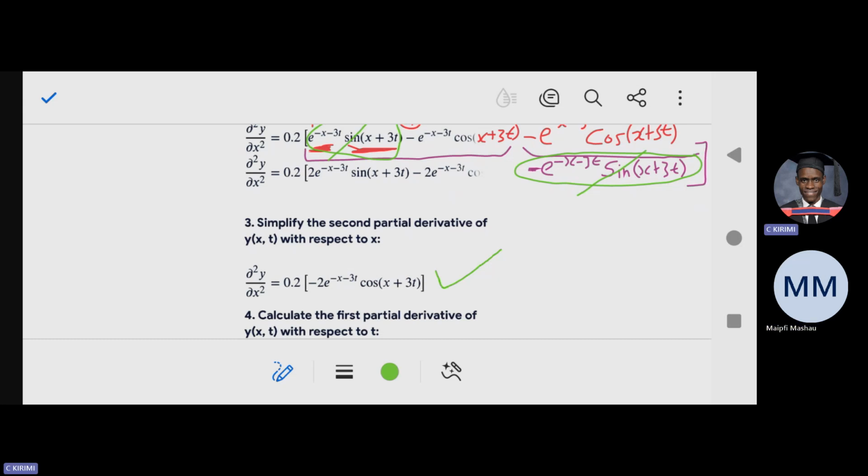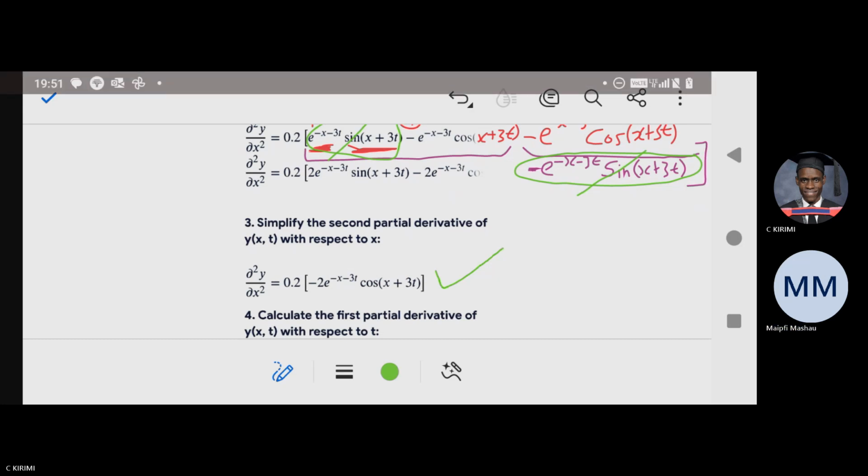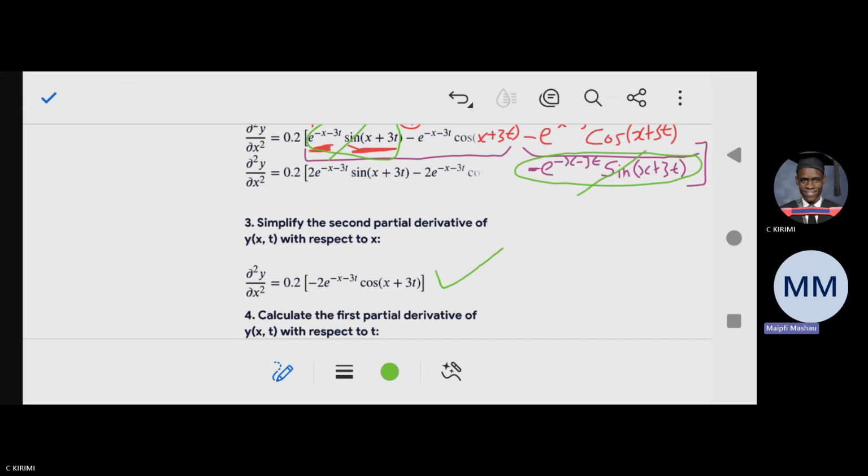So now we are done with the first part, the partial derivative with respect to x. Now we want to find the partial derivative with respect to time, t. So let's go, we differentiate the first equation with respect to time.